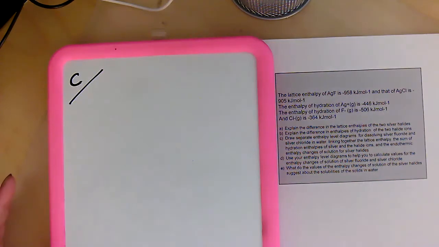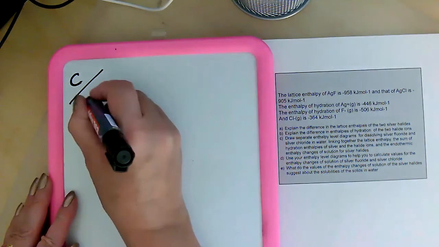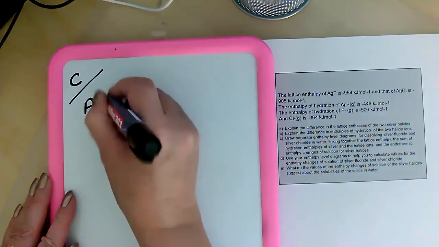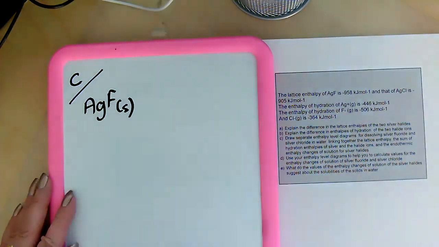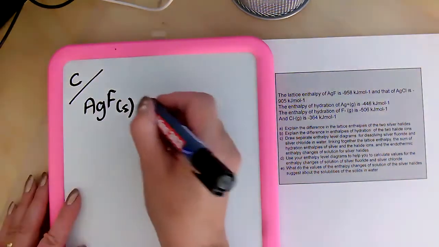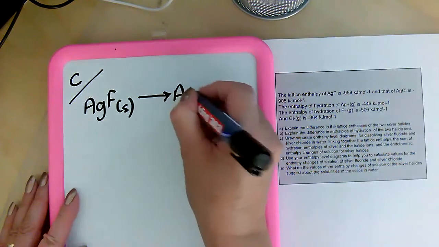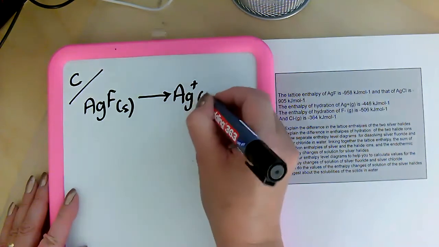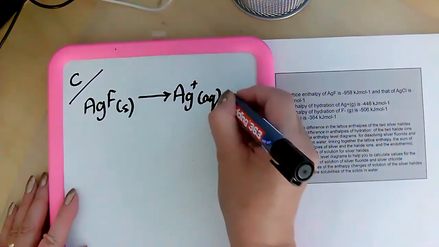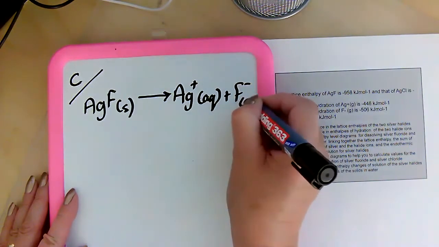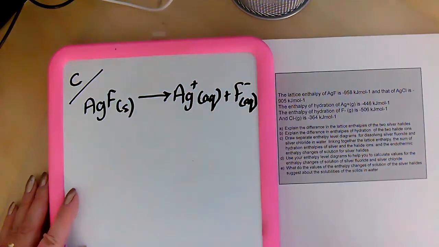So part C asks us to draw separate enthalpy diagrams for silver fluoride and silver chloride in water. So let's start with silver fluoride. Silver fluoride is a solid, and we add it to water and we will form aqueous silver ions and aqueous fluoride ions.